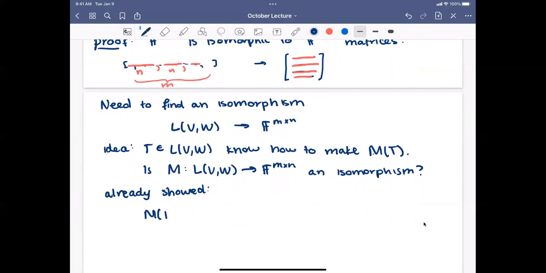So M of T plus S is equal to M of T plus M of S. And we also had M of lambda T is equal to lambda M of T. Together, those two equalities tell us that M is a linear map.